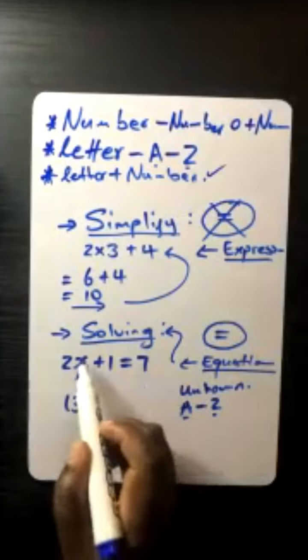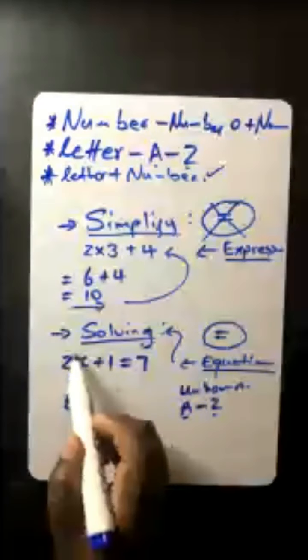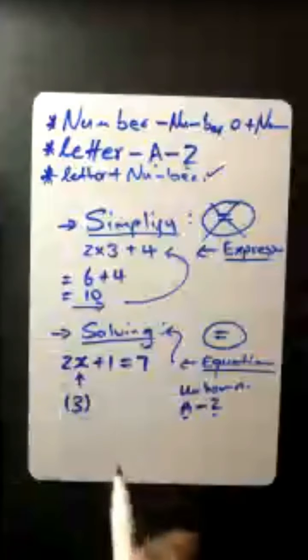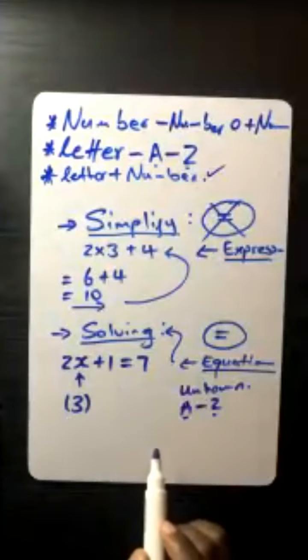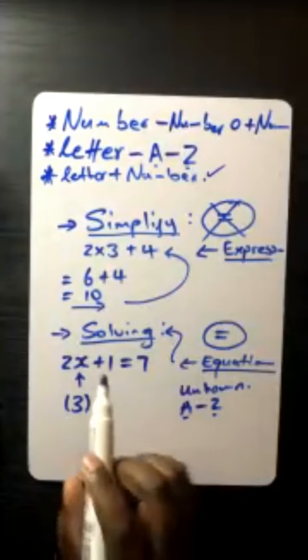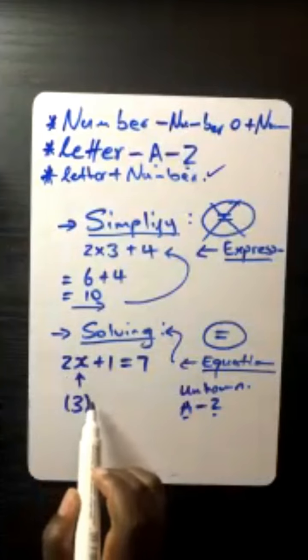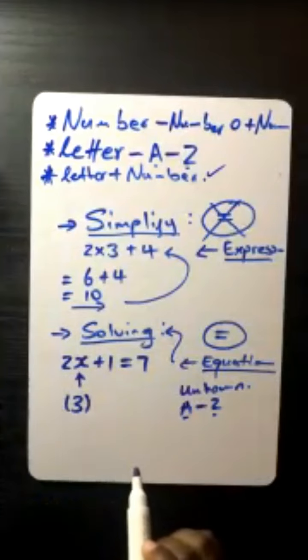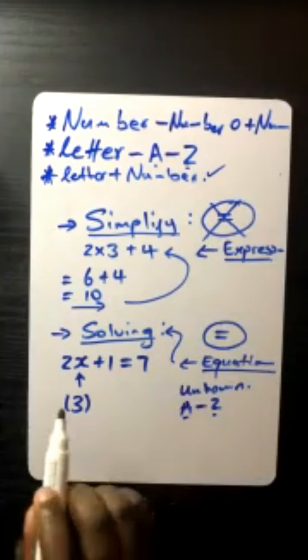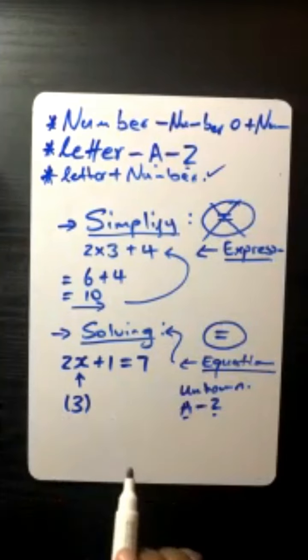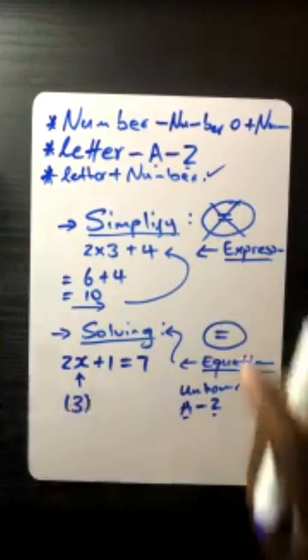So when you solve, you want to know the actual value of that unknown, which in this case is letter X. But remember, you might have used your head to come up with that 3. So Shreyas, tell me, did you use your head, or did you do a calculation to find that 3?